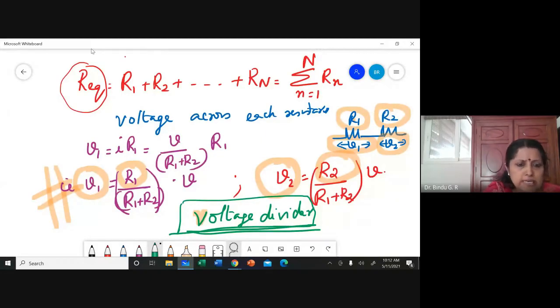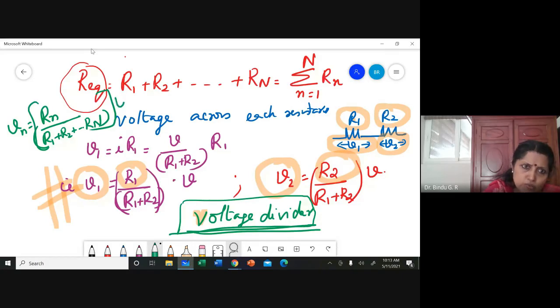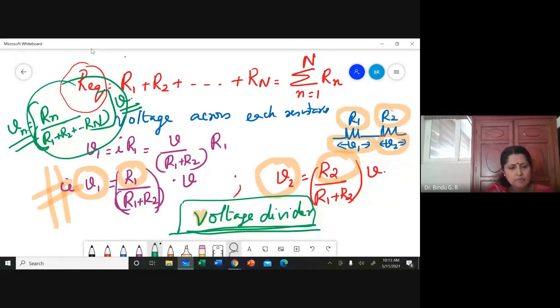So in general, I can write Vn is equal to Rn by R1 plus R2 plus etc. up to Rn, into the source voltage. The source voltage is divided in this manner to get this voltage. I hope this much is clear.